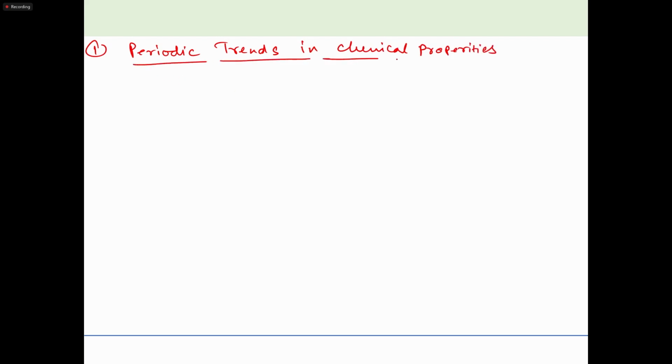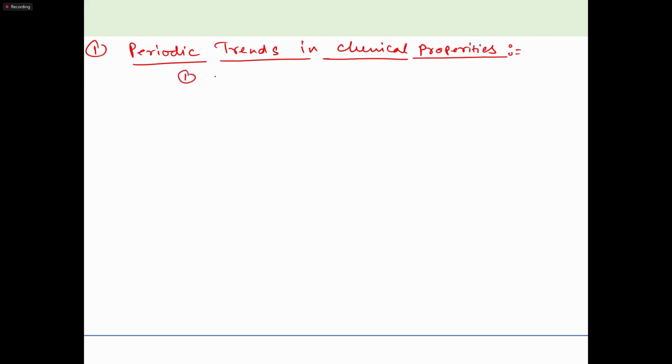So the point is the periodic trends in chemical properties. In the previous lectures, we already talked about the physical properties of the elements.